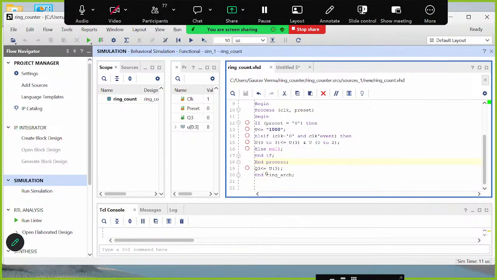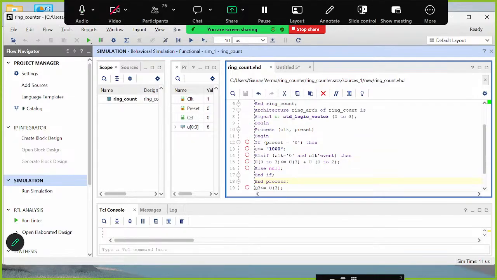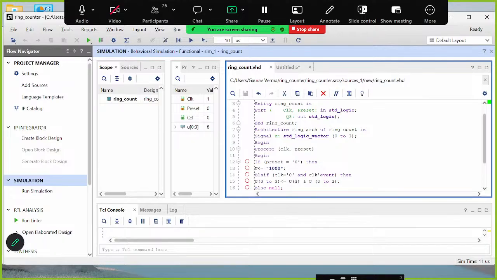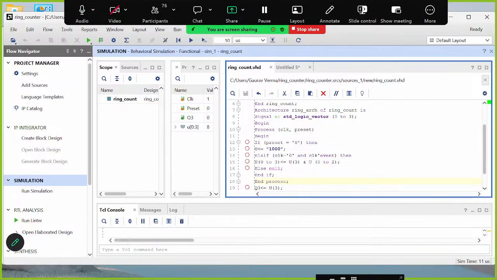That's why I have written Q3 final output after the end of the process. So whenever you do a shifting operation, you have to use signals rather than variables, and accordingly manage your program.